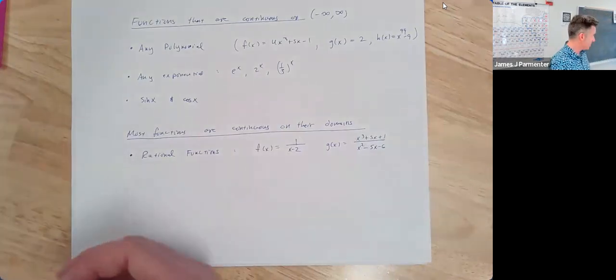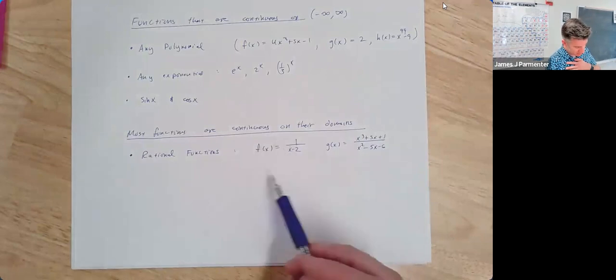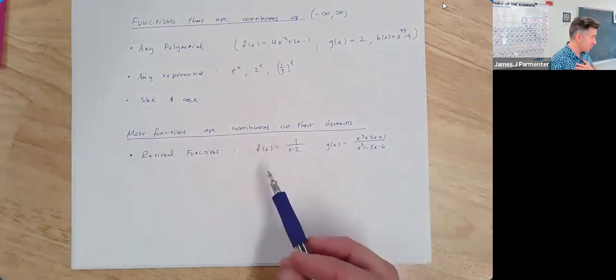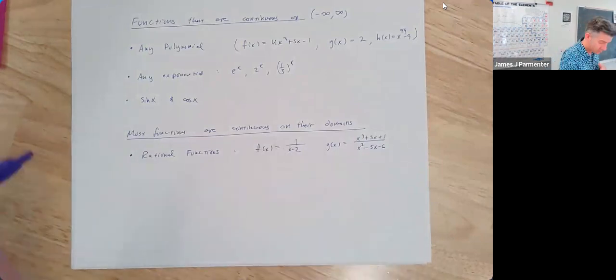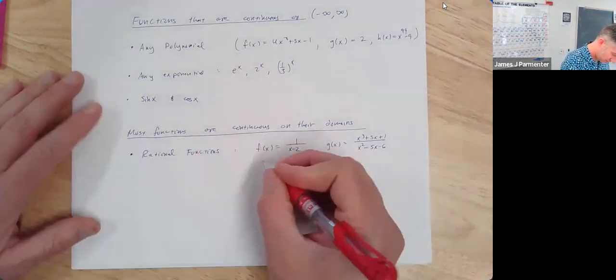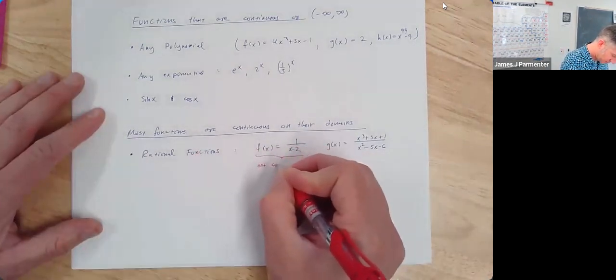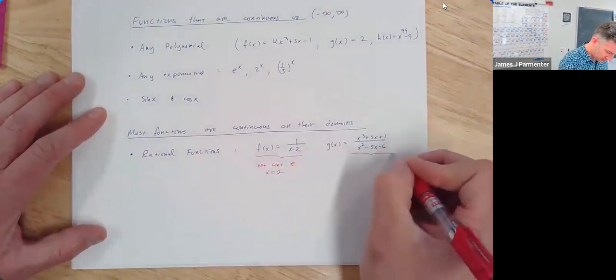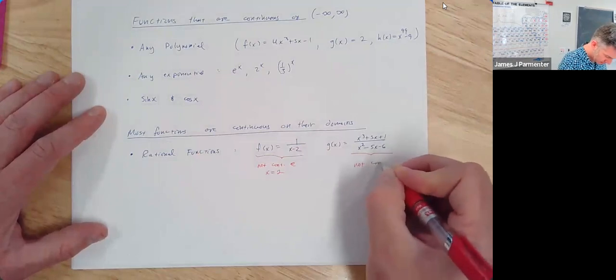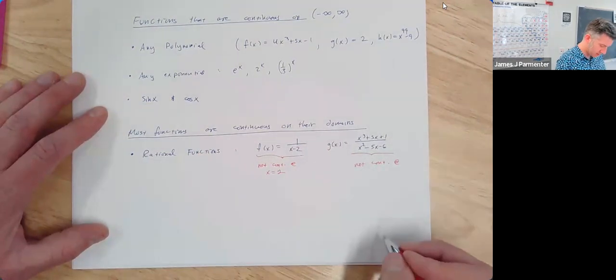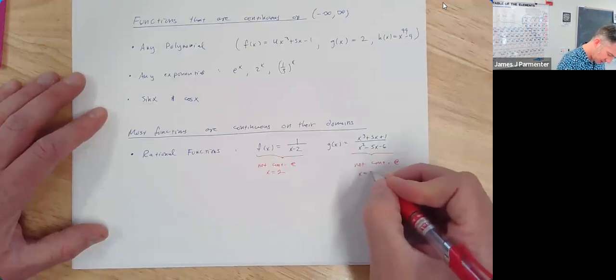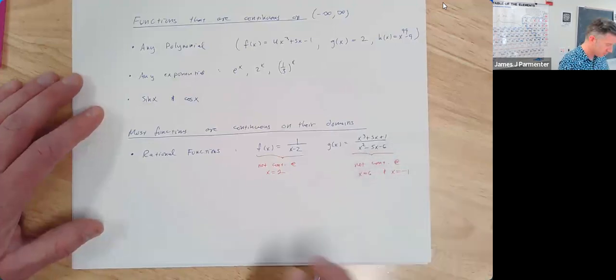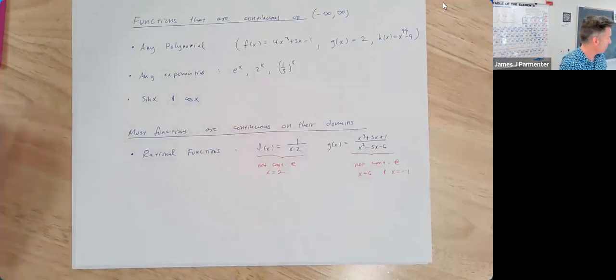But I'll point out that means specifically this function f of x is not continuous at 2. It's not defined at 2. Similarly here, this function is not continuous at the values of x that make the denominator 0, which are x equal to 6 and x equal to -1. That factors as x minus 6 times x plus 1. The rational functions are continuous everywhere that they're defined, or where they're not defined, you typically have vertical asymptotes.